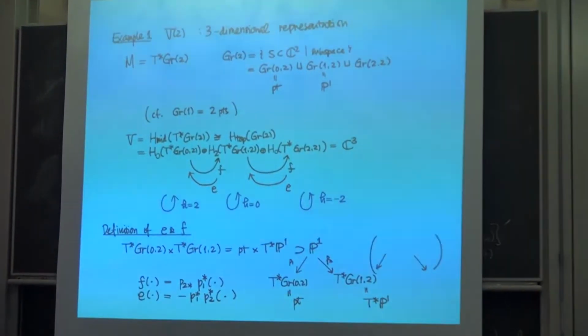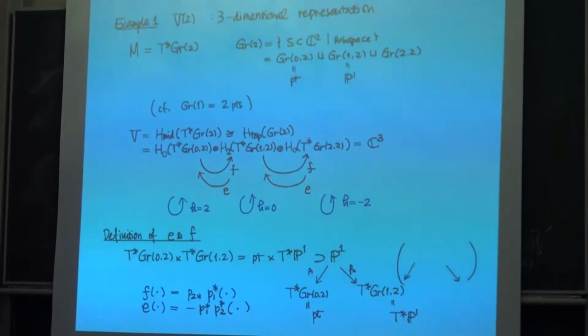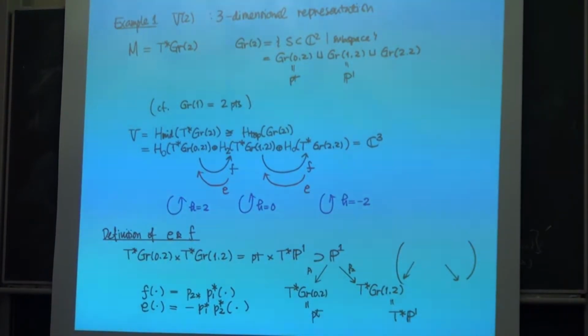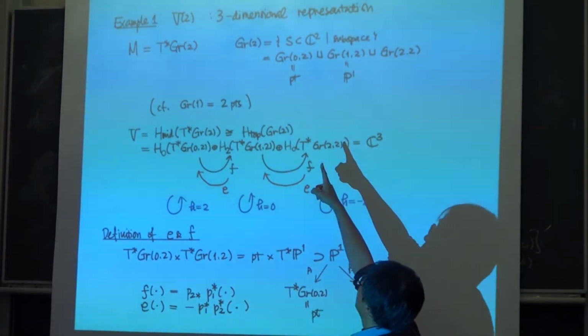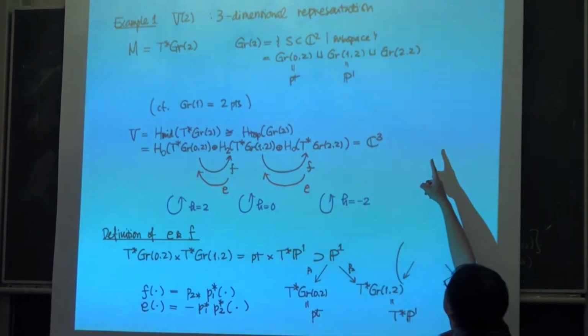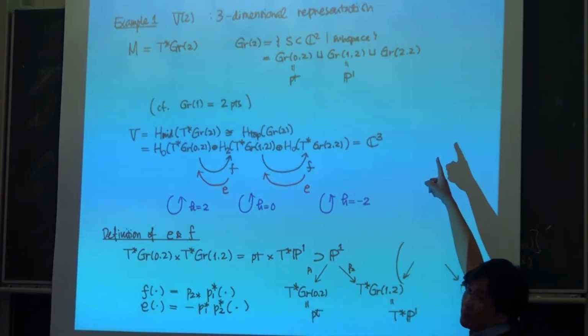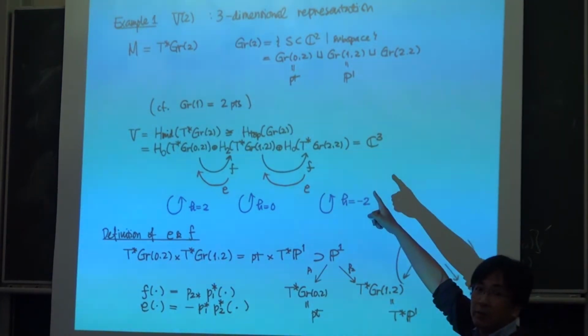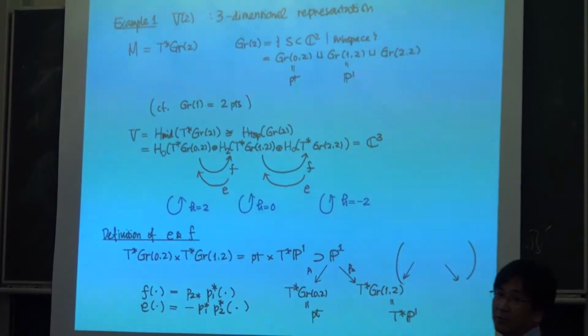But in the calculation, you will see the difference. Anyway, the total dimension of the cohomology group, you can calculate as the cohomology group of the Grassmannian. Then you have a one-dimensional space for the first one, and a one-dimensional space for the last one. But in the middle, you have the projective line P1, so it has 2 dimensions. So the total cohomology group is 4-dimensional instead of 3-dimensional.